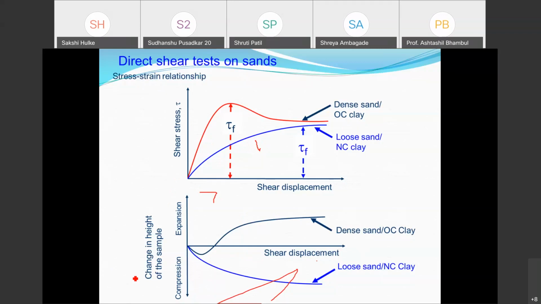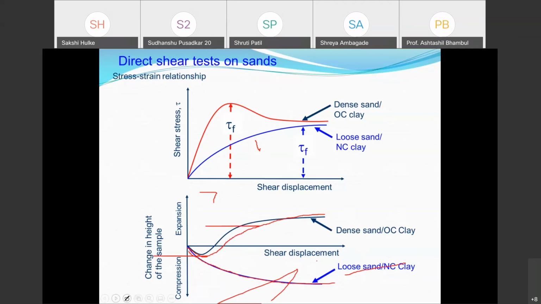Similarly, looking at the volume change of the soil mass, in loose sand the volume is continuously decreasing, whereas in dense sand the volume decreases and then suddenly increases. Why does this happen?